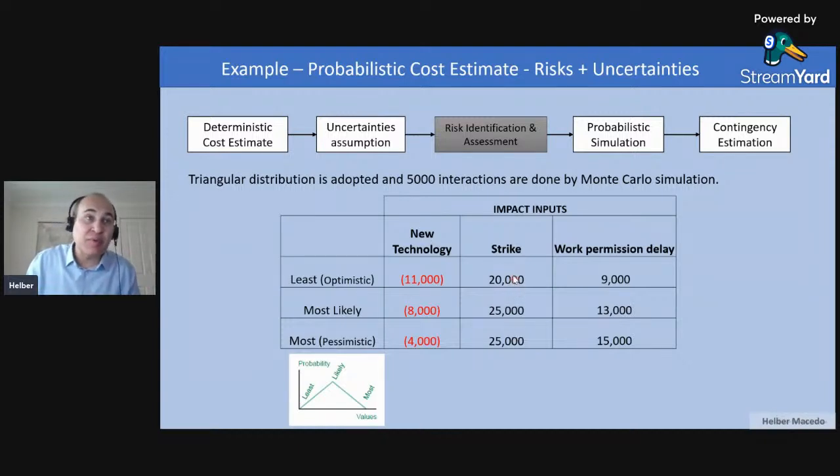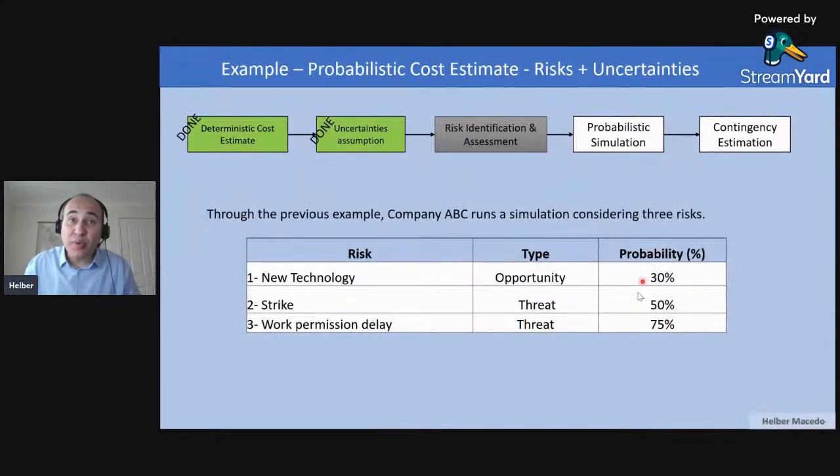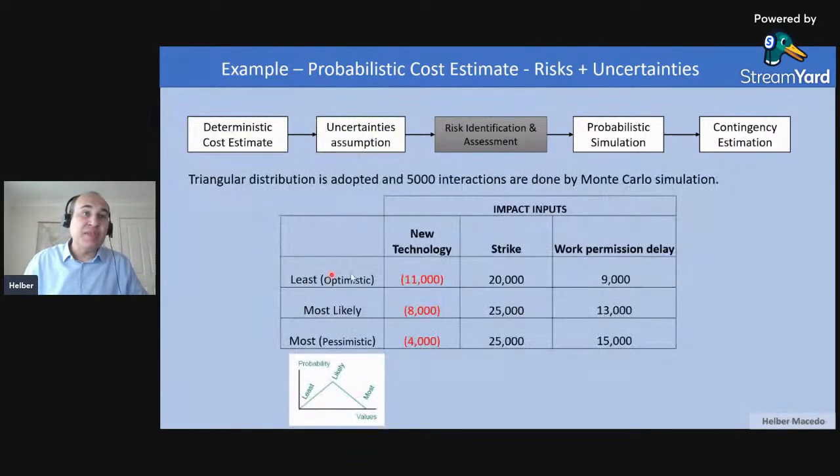So in scenario number 1 it will be this number, in scenario number 2 it will be 25,000, in scenario number 3 it will be 21,000, in scenario number 4 this risk will not happen, because the probability shows that only in 50% of my scenarios this strike will happen, and it will be the impact between these numbers here.